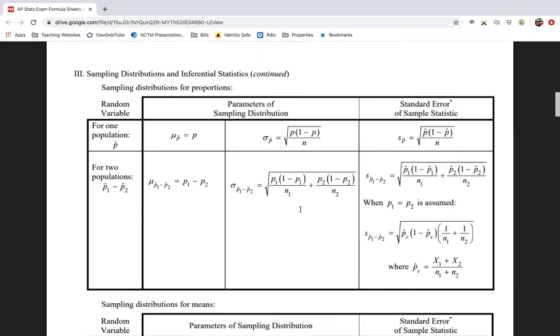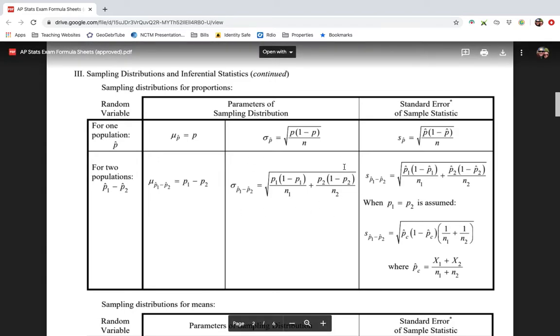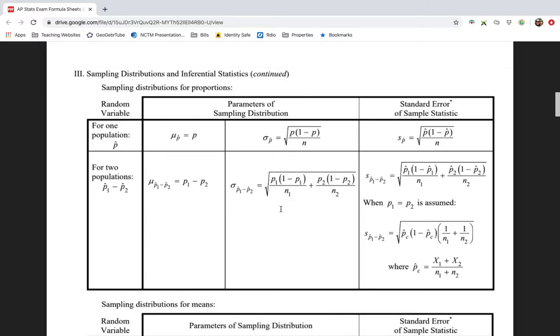So what we need to do is calculate the standard deviation for our normal distribution. The problem we have is that in our problem, we actually don't know what these proportions are. This would be P 2008 and P 2007. We don't actually know what those are because we just have sample data.